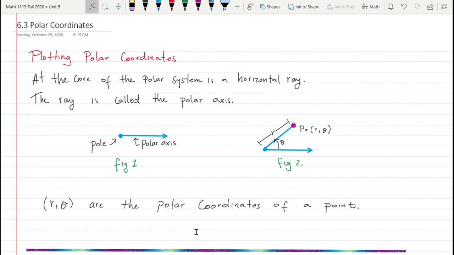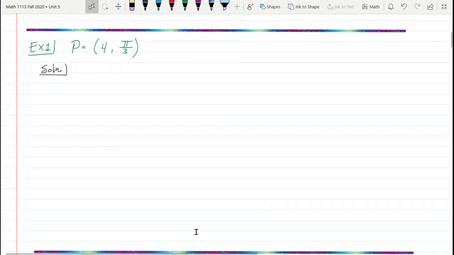So if we wanted to plot this point in polar coordinates, it would be something like you have your x, y coordinate system, as before, but this time we want to start with the angle.